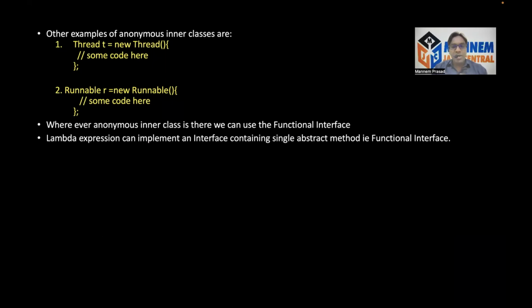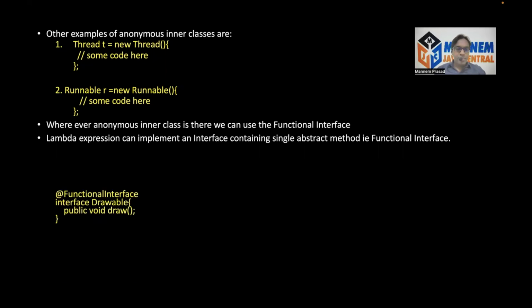It means it's better to write a functional interface there. And while replacing that code with a Lambda expression or functional interface, you must remember one thing. If that anonymous inner class has only one abstract method, then you can convert that anonymous class into a functional interface. Otherwise, we can't, because a functional interface has only one abstract method.